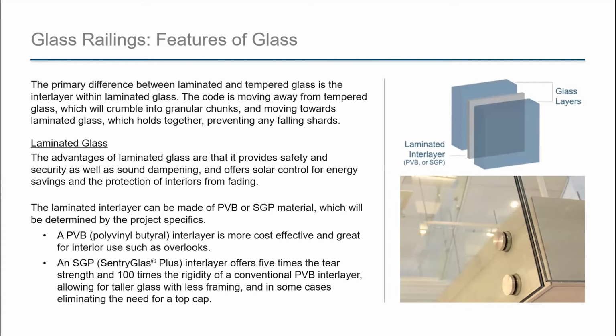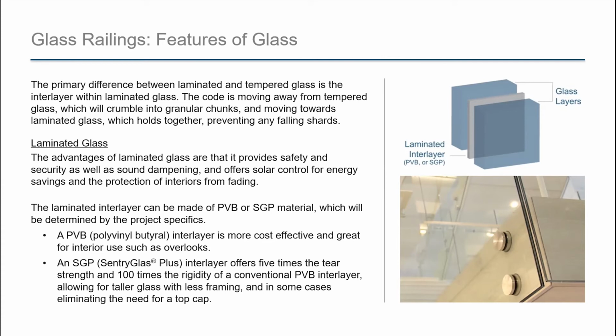Some of the advantages of using laminated glass are that it provides safety and security, as well as sound dampening, and offers solar control for energy savings and the protection of interiors from fading. The laminated inner layer can be made of PVB or SGP material, which will be determined by the project specifics.